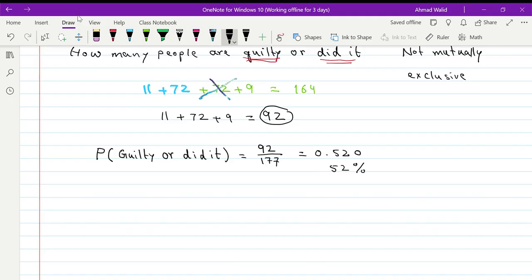Correct? Now, after this example, focus on this counting here where I avoid double count. Now, let me write the addition rule for you.